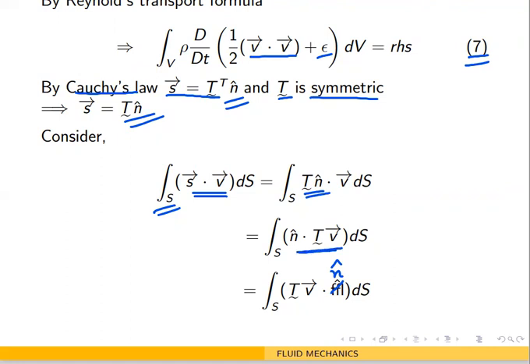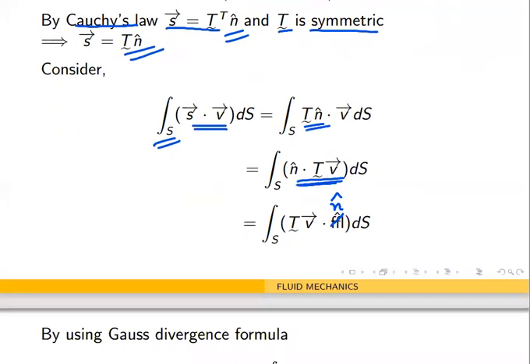Dot product is commutative, so I can write it as TV dot N dS.